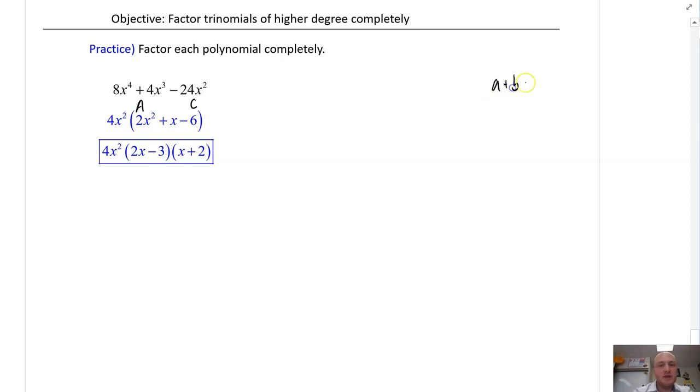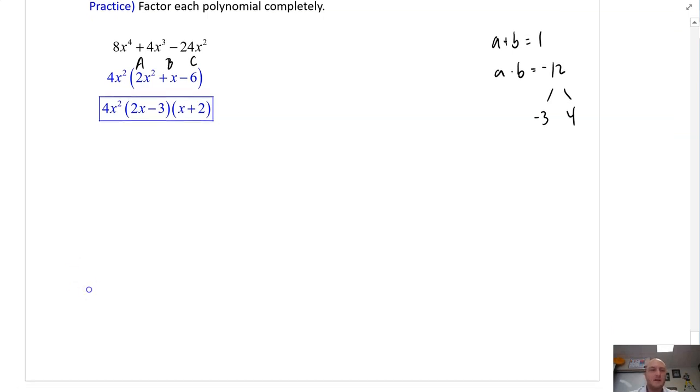So a plus b is going to be 1, that's your b term here, an invisible 1. A times b is going to be negative 12. It looks like a negative 3 and a positive 4 are going to be your middle terms.